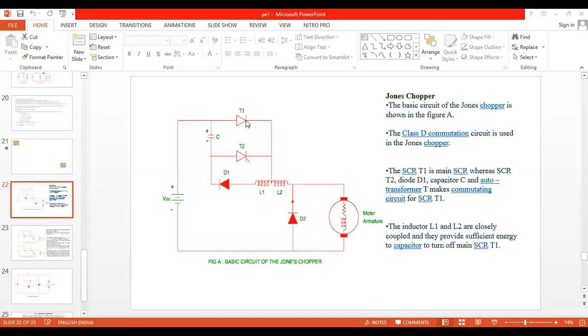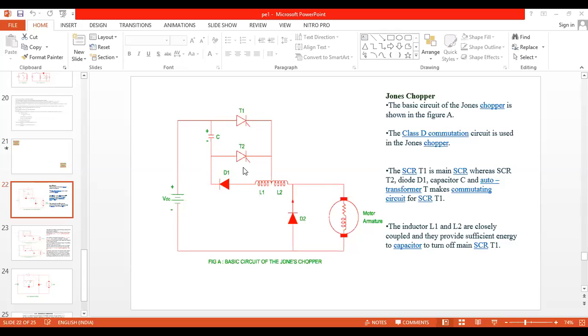That is, even in the absence of SCR T1, the motor rotates for a small period of time because of the energy stored by the inductor present inside the motor, and that current flows from the motor to the diode and from the diode to the motor. It exists for a short period of time. Again, let us say you are using this in a solar electric car.